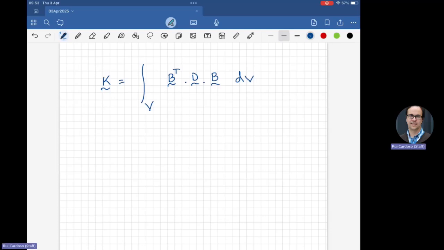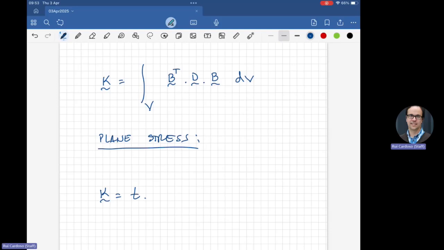Now, let's think about it. Plane stress, okay? So we are in a two-dimensional plane, but the element will have a thickness, right? So I can say for our plane stress element, my stiffness is going to be equal to the thickness of the element, which I'm going to assume is constant in the element, okay? One element has constant thickness.